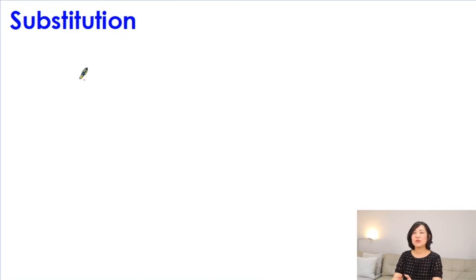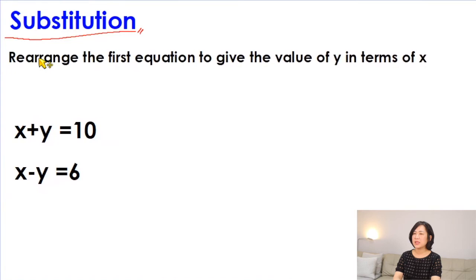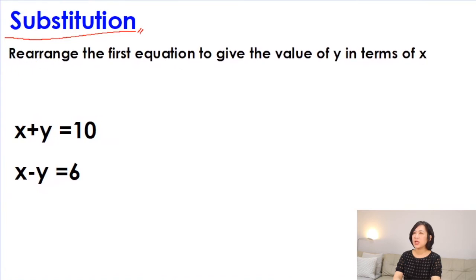Now it's time to talk about the second method, which is called substitution. So what is the substitution method? Here we have a pair of simultaneous equations, x plus y equals 10, x minus y equals 6. The first step for the substitution method is to rearrange the first equation to give the value of y in terms of x.